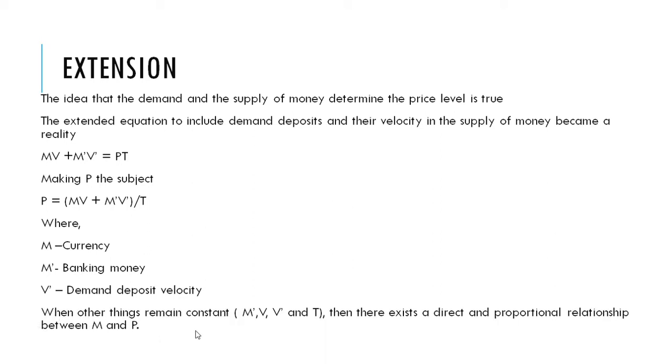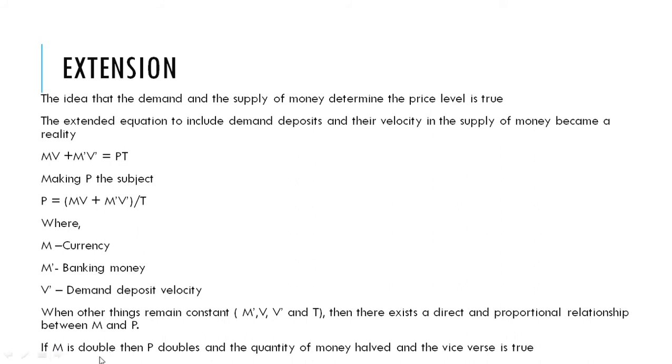When other things remain constant, which we are saying are the items that will remain constant to actually make the theory applicable, namely money, deposits, velocity of money, velocity of deposits, and transactions, then there exists a direct and proportional relationship between money and price level.